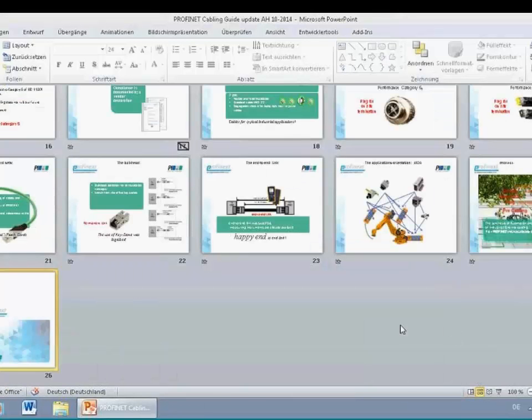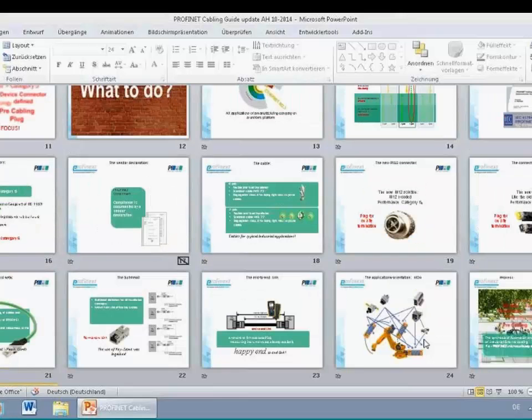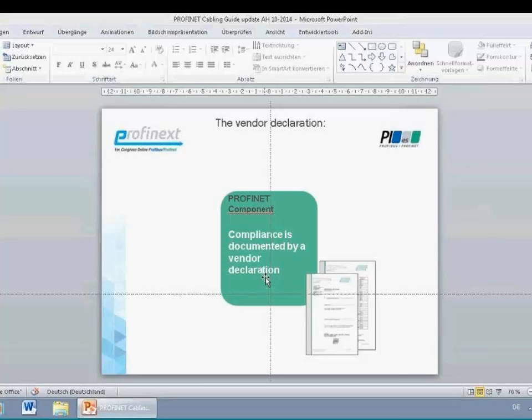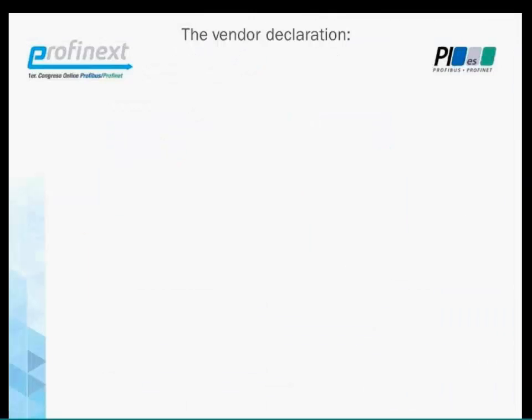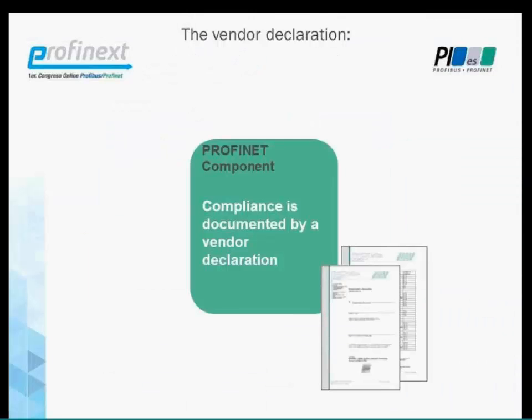And this is my presentation. I think here was one slide I haven't shown. I will show it here, because I think it is important. For Profinet, we need Profinet components, but for cabling components today there is no certification process.